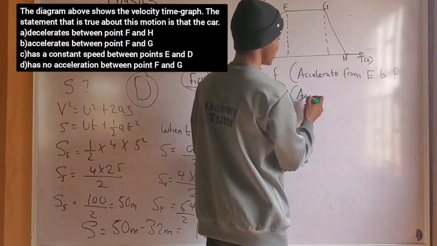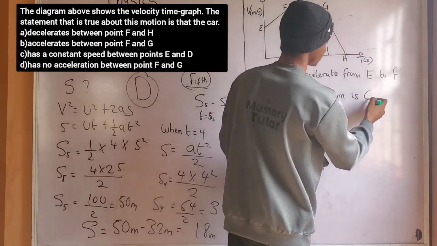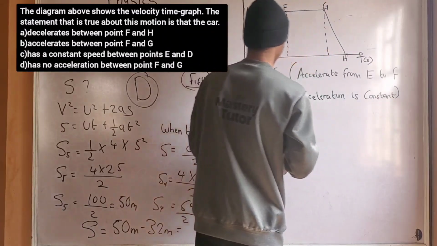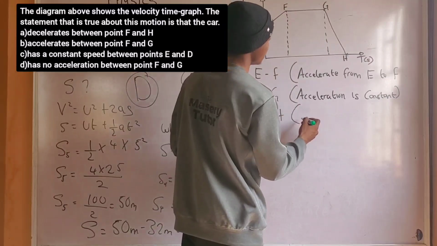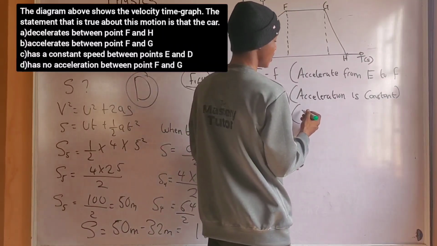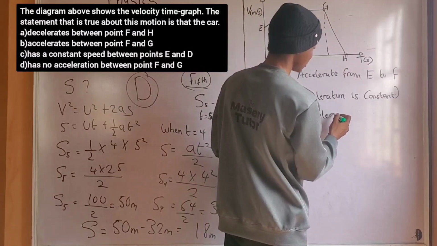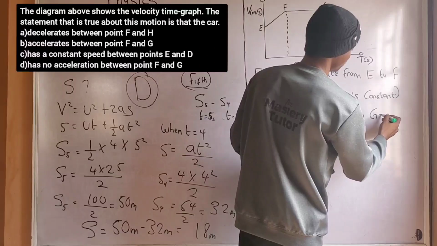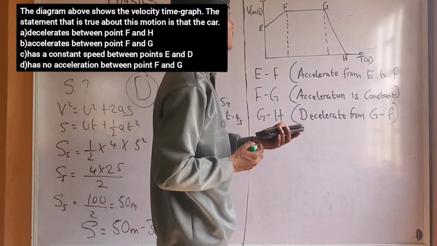You understand? Acceleration is constant. Okay, and from G to H, the car decelerates. You understand? The car decelerates from G to H. Okay, that is the summary of the velocity time graph that we have on the board.